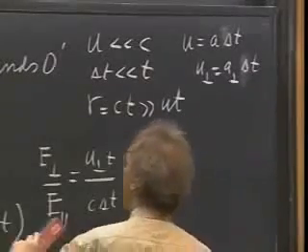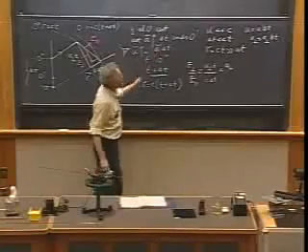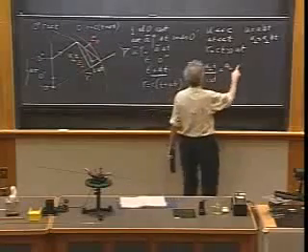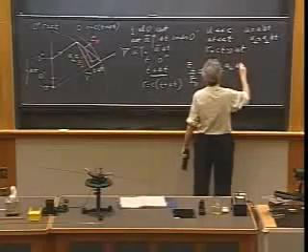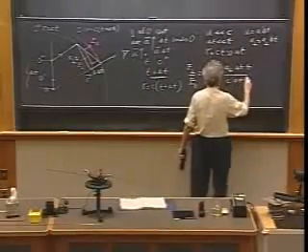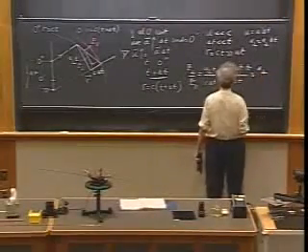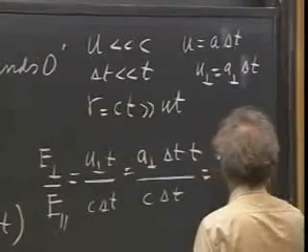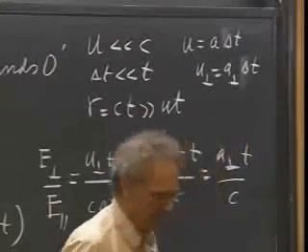Only delta T seconds. So now I get A perpendicular times delta T times T divided by C delta T. And so that is A perpendicular times T divided by C.